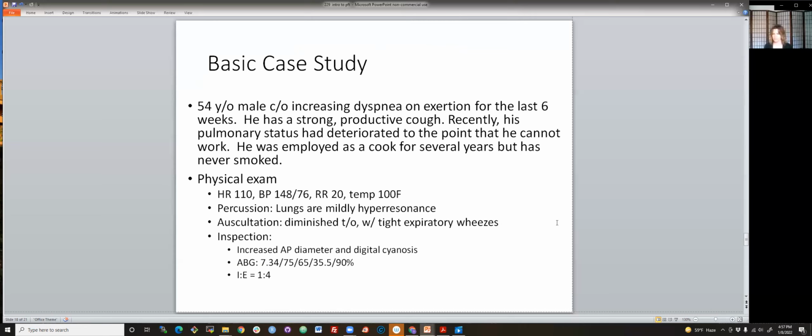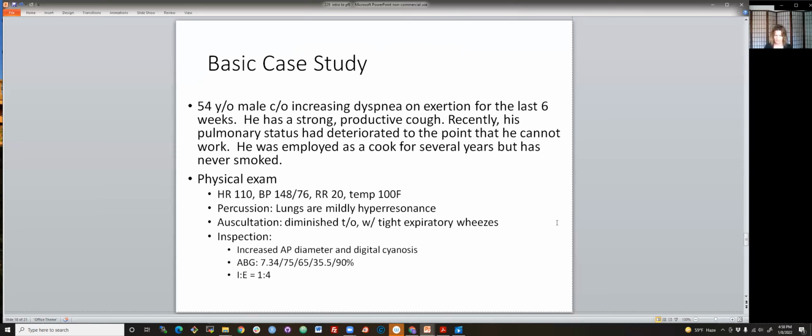Digital cyanosis usually means that they are hypoxemic. His blood gas is a pH of 7.34, PaCO2 of 75, PaO2 of 65, and a bicarbonate of 35.5, and his saturation is 90%. And this is on room air.